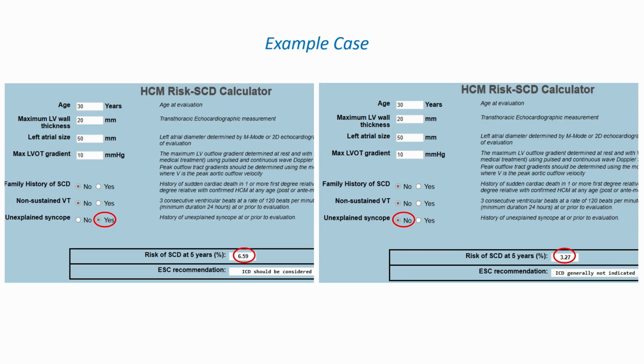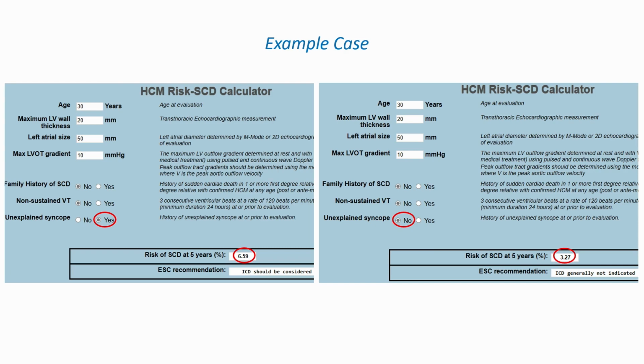Imagine a patient who is 30 years old, with a left ventricular thickness of 20, left atrial size of 50, no gradient, no family history of sudden cardiac death, no non-sustained VT. If the patient has syncope, the score is 6.59. This means a class 2A indication for ICD.